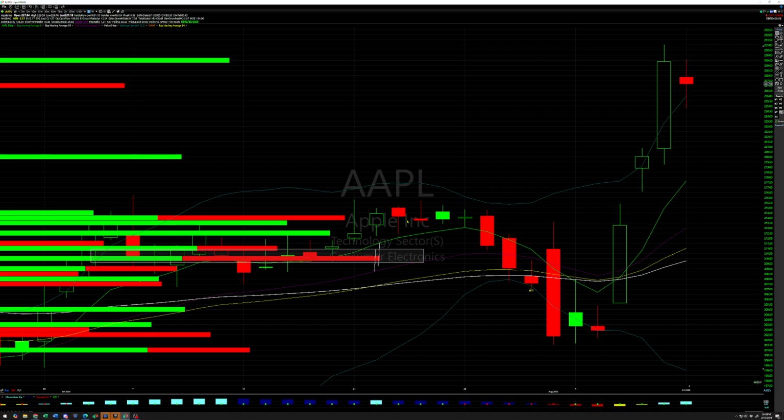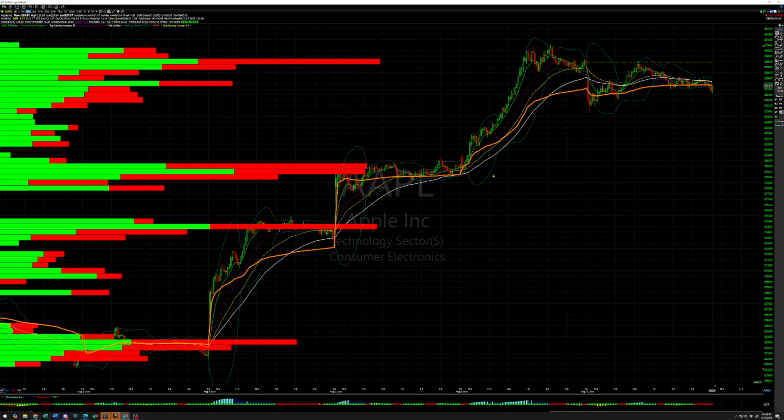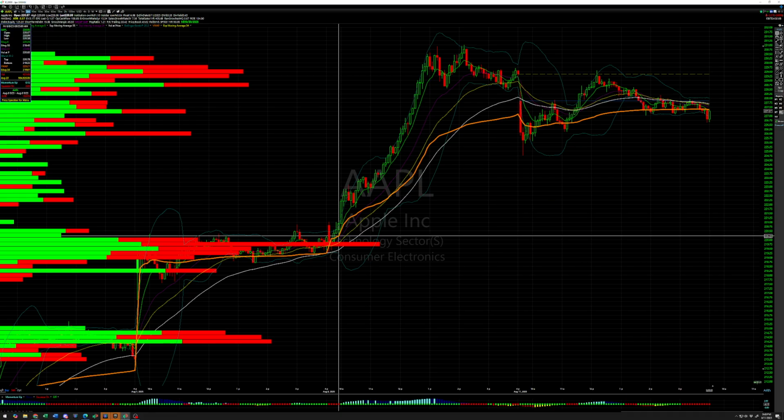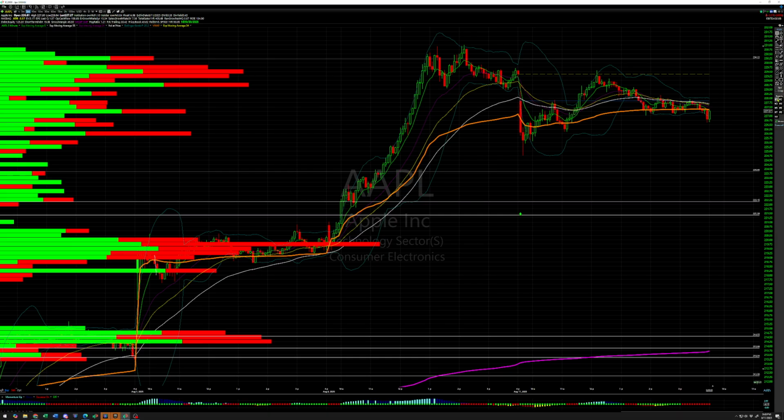And if we were to go for, let's say, a 5-minute chart on Apple, what would you say is the major pivot point? Well, obviously, it's right here, right? And we're well above it. Now, if you look at the lines that I've drawn on Apple, these were drawn before these levels were made.